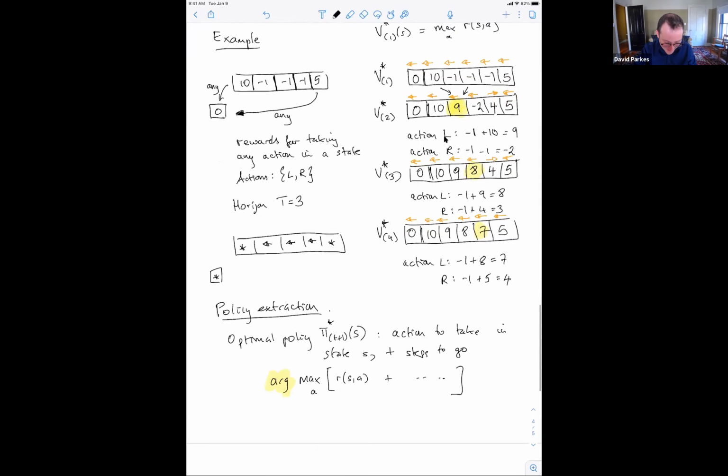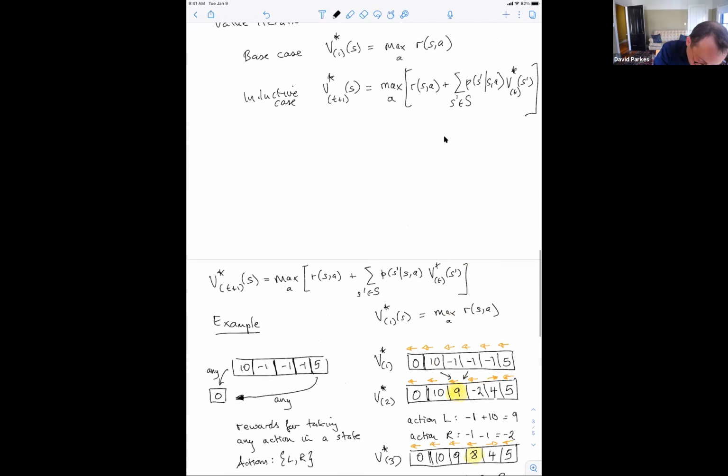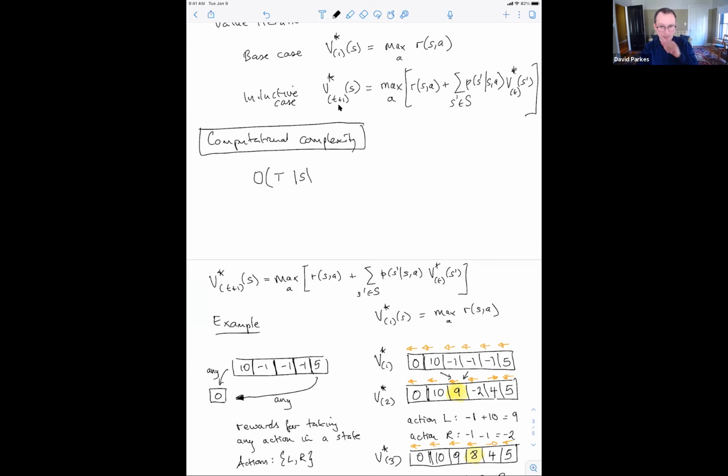I just want to make one last comment about what we've just been doing, which is the computational complexity of this. Let me just write it here. We just want to understand how much computational work we have to do for this calculation. It's order T, however many time steps there are, times the number of states S, because with every time to go you have to do this calculation for every state, times the number of actions A, because you're taking a max over the actions.